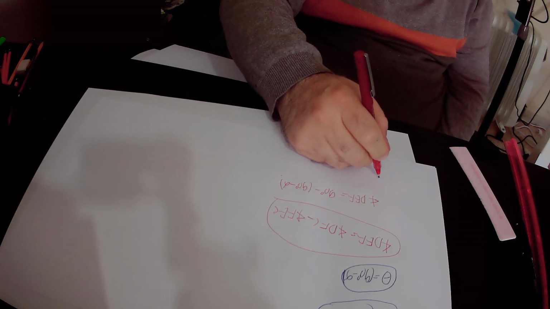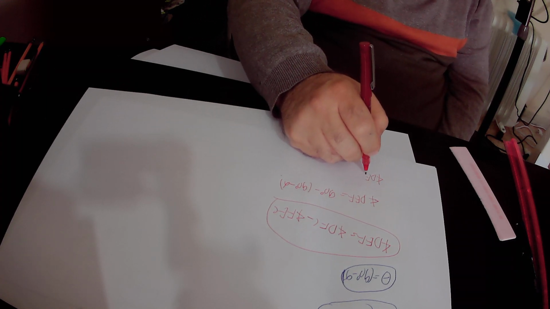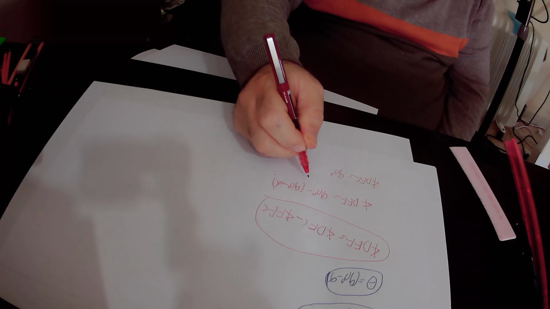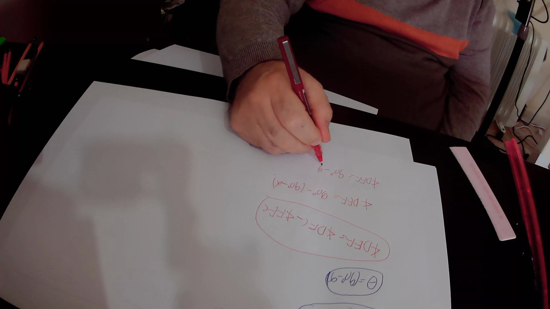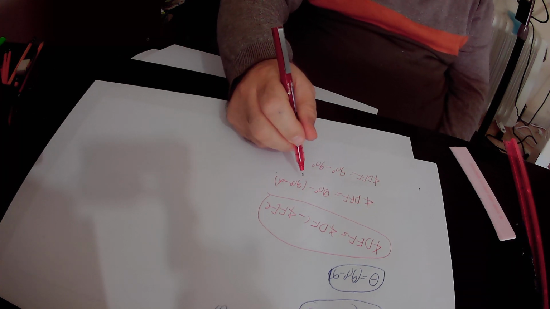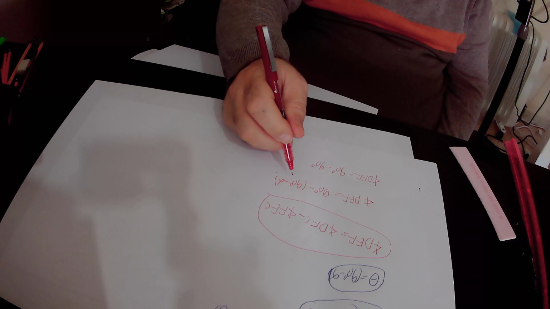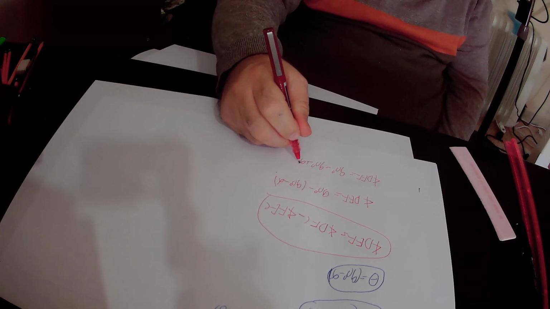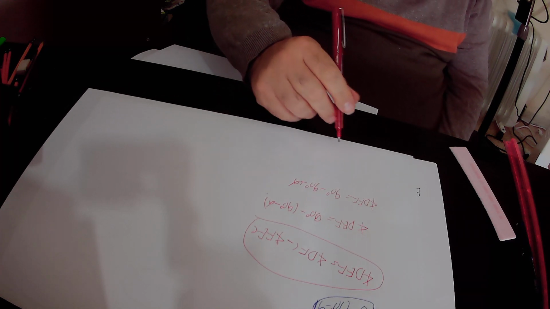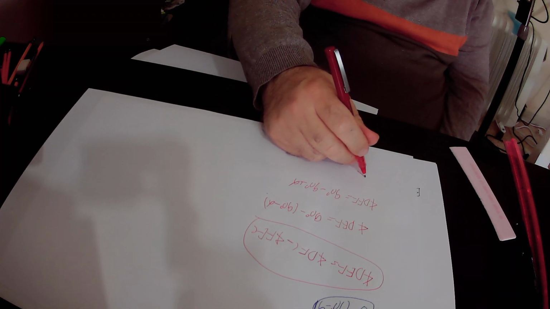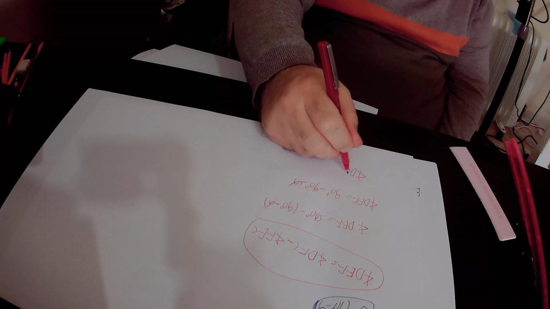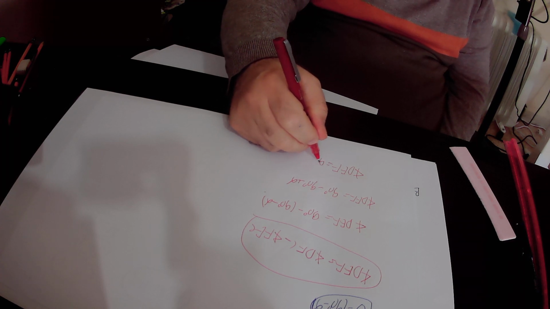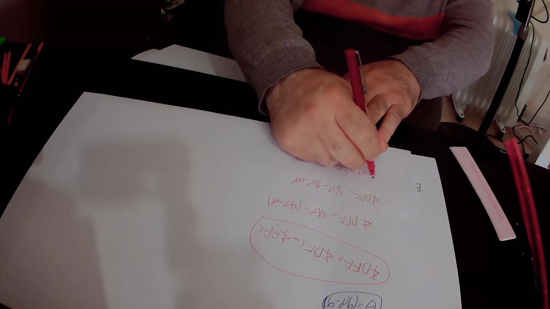So the size of angle DEF is equal to 90 degrees, given in the question, minus the size of angle FEC, which is 90 degrees minus alpha. We'll open the brackets and get 90 degrees minus 90 degrees is 0. Minus and minus is plus, so it is plus alpha. So in conclusion, we found out that angle DEF equals alpha.